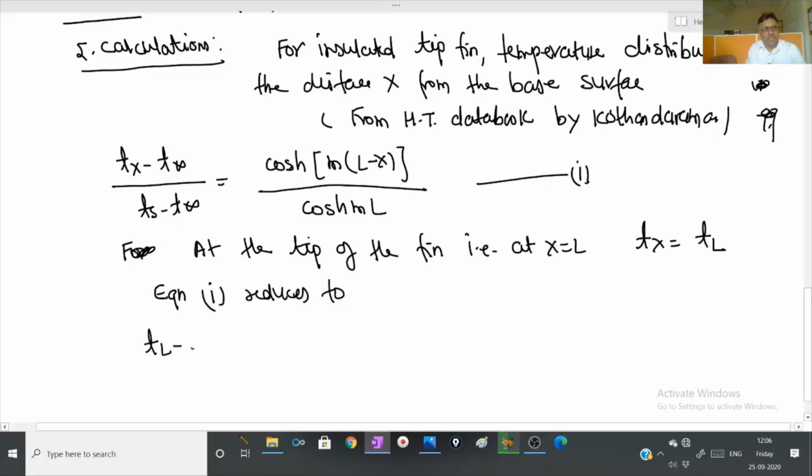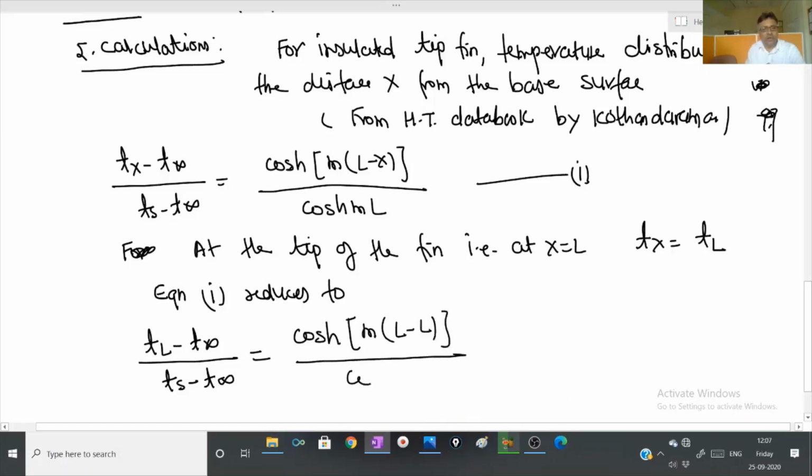(T_L − T∞)/(Ts − T∞) = cosh(m(L − L))/cosh(mL). So this will become cosh(0)/cosh(mL).